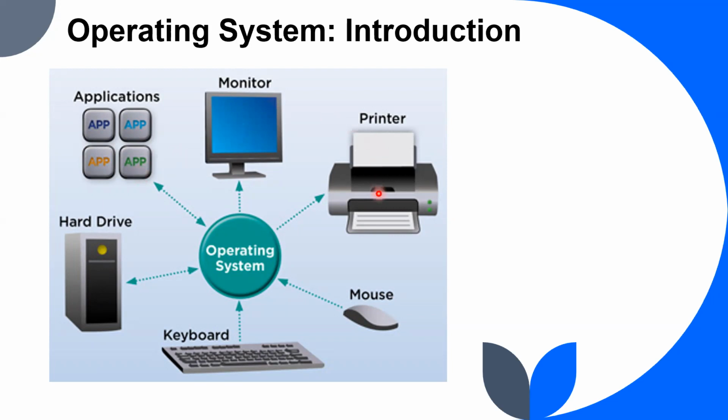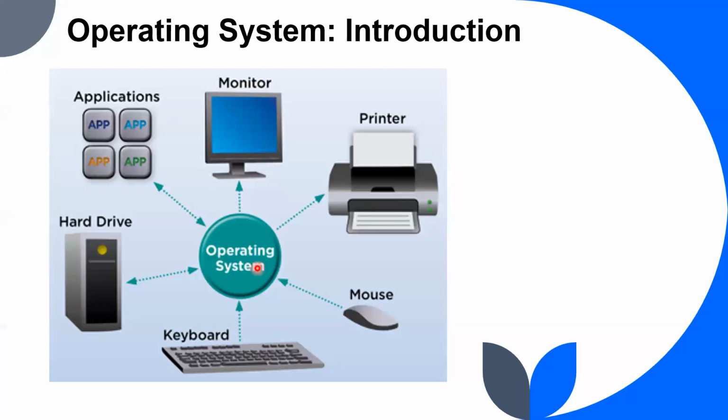All these devices will not be able to interact directly, because a monitor without an operating system is not ready to use. And of course, the same is the case with the other input and output devices. That means without an operating system, they simply are dummy hardware devices with which the user will not be able to interact directly.